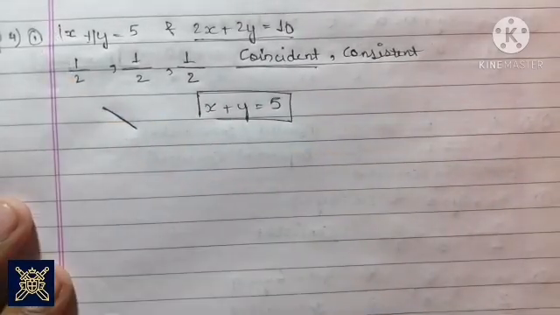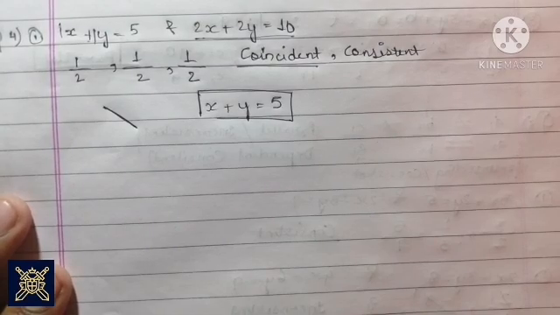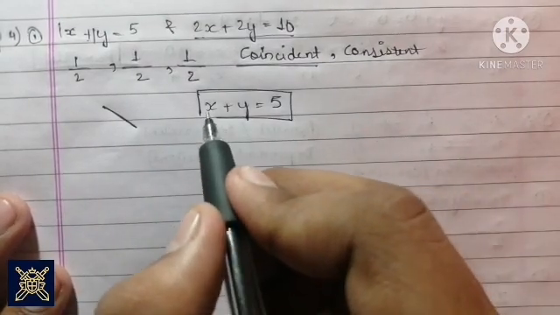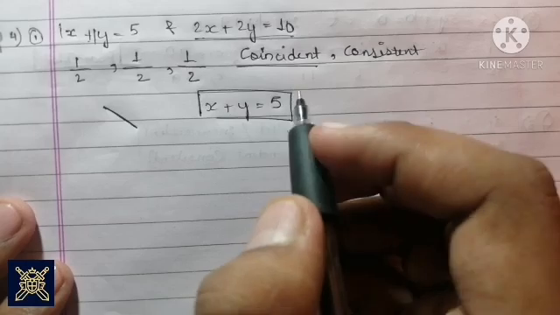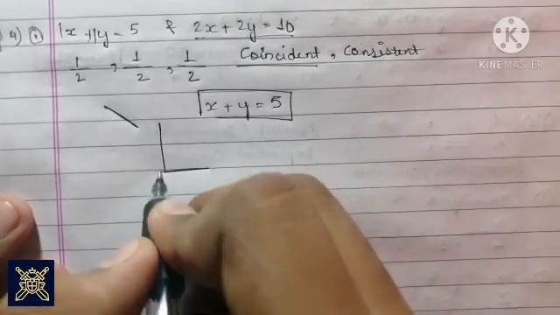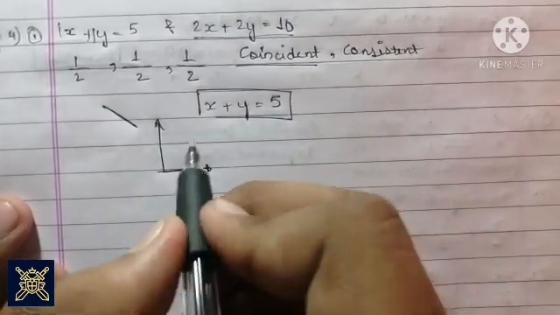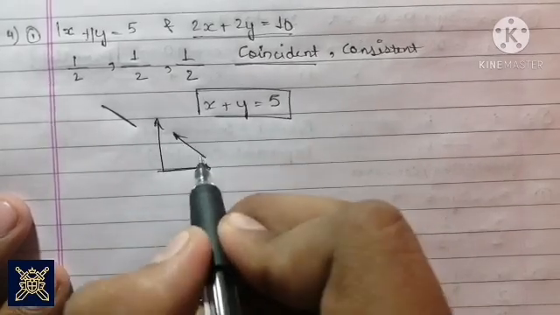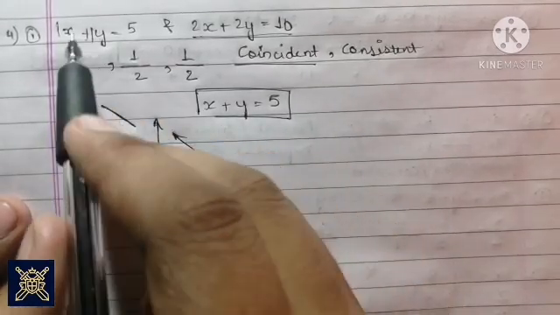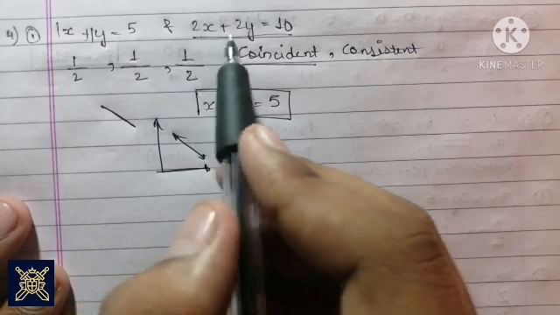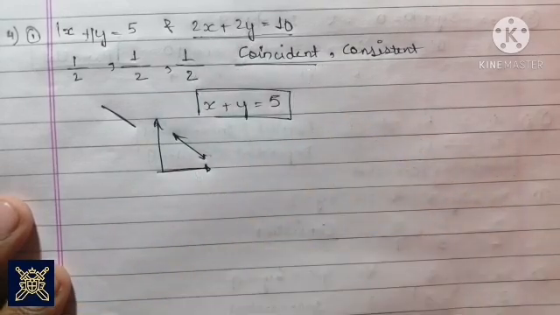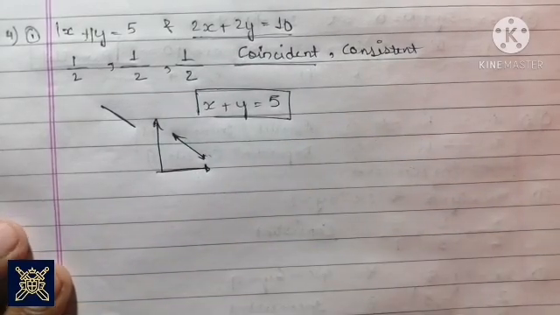So you have to make a graph for the same equations. You will take some values of x, that will give you some values of y, and you will plot them on a graph, and there will be only one line. And you will write the equations, that is x plus y is equal to 5 and 2x plus 2y is equal to 10, and this is the solution of the first question.